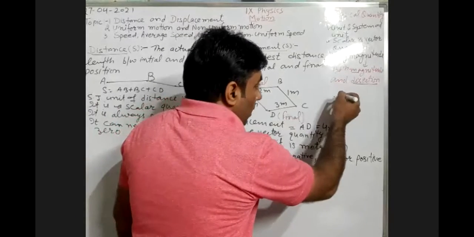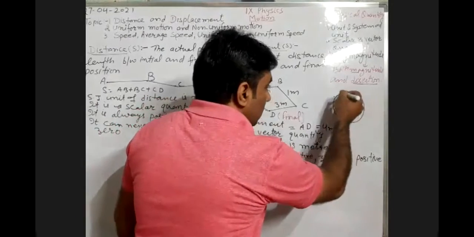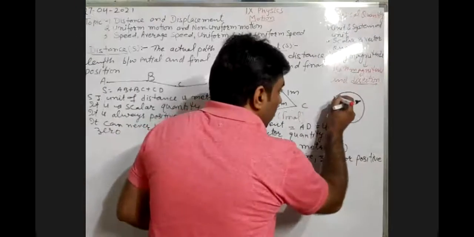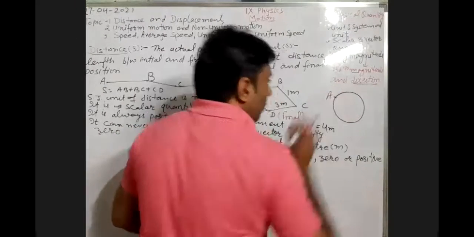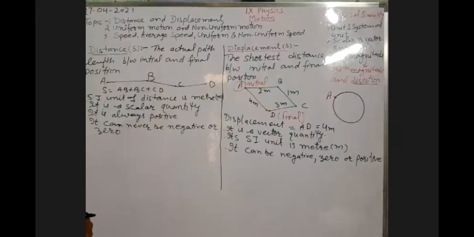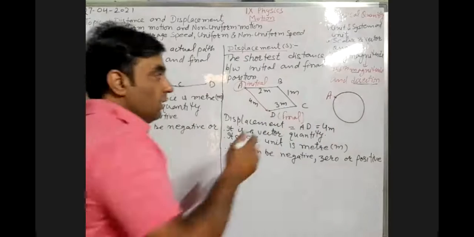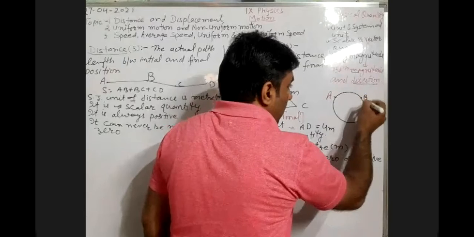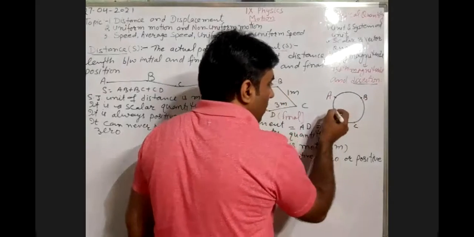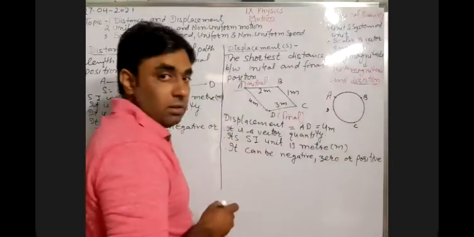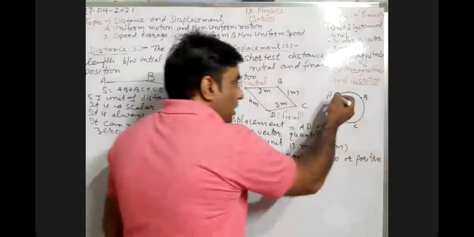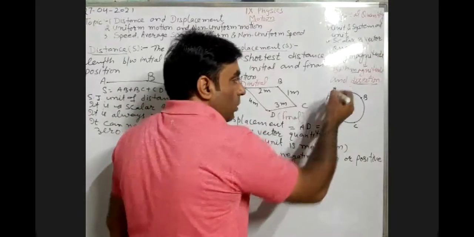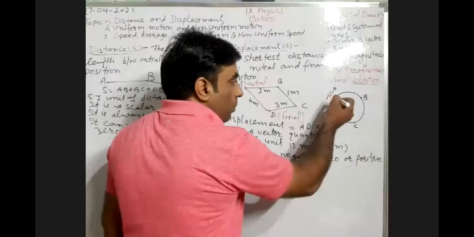We are moving in a circular path, and the object is starting from the point A. After some time it is at point B, after some time it is at point C, after some time it is at point D, and finally it reaches the point A. So what is the starting point? Initial point is A, and the final point is also A.